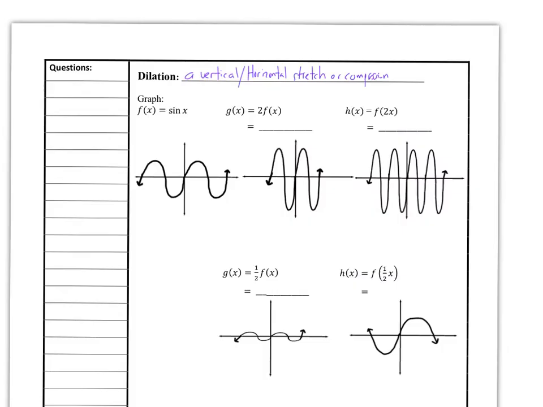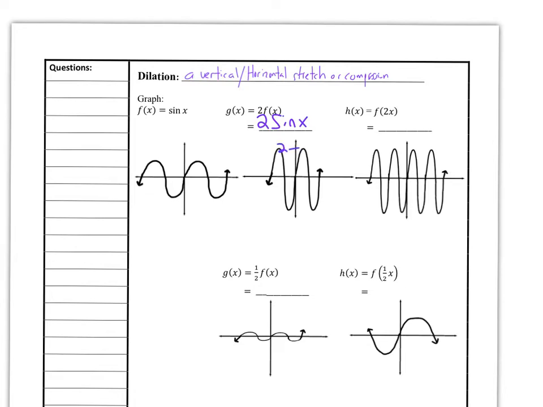All right, dilation is a vertical or horizontal stretch or compression. Taking the whole graph, and we're going to compress it. We're going to take the whole graph, and we're going to stretch it some way. So in the first problem, we multiply by 2. And now, you already know that's the amplitude, and you know what that does. So 2 times the whole thing is 2 sine of x. And the amplitude obviously just got increased, so the graph now goes up to 2.